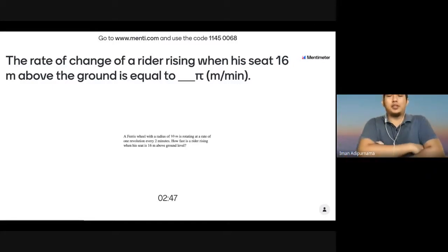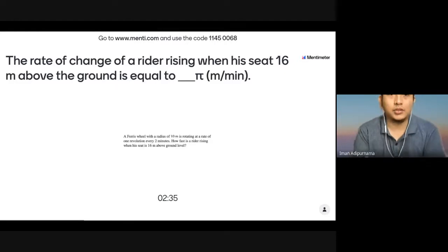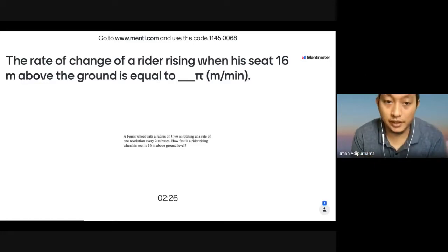I hope the time is enough, but is it too short? One revolution is one circle, 2 pi, so at least you get the radians per minute for the rotation.